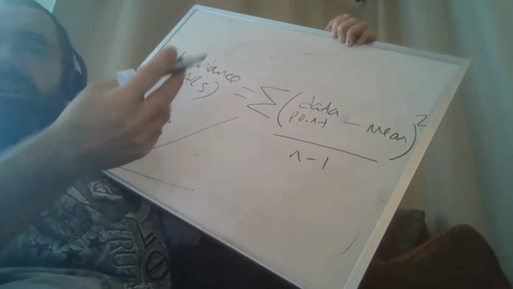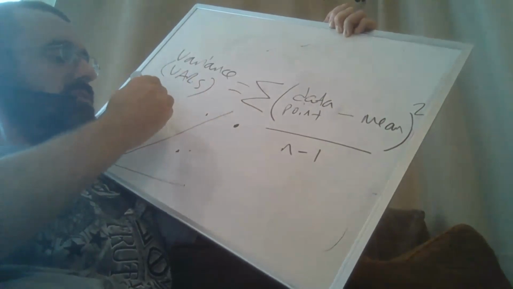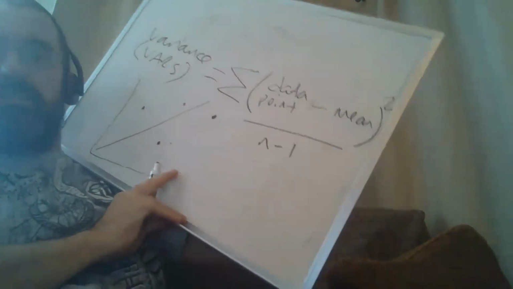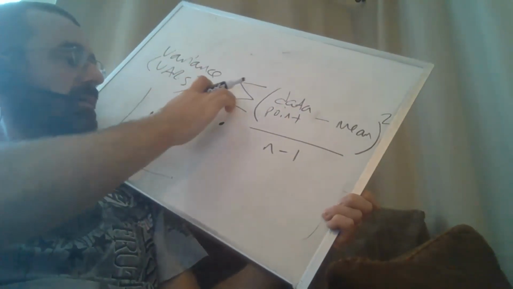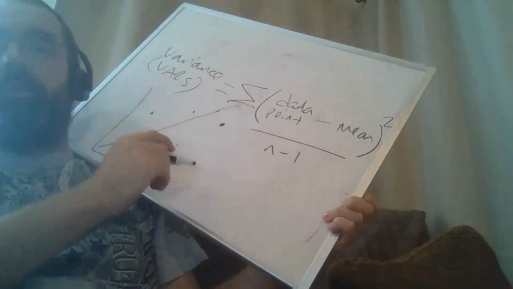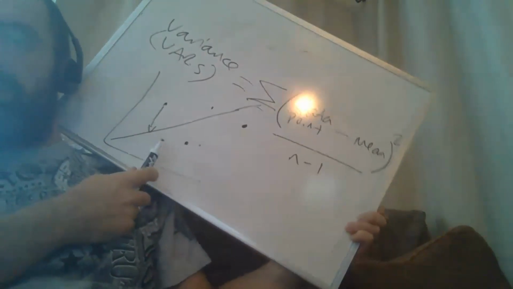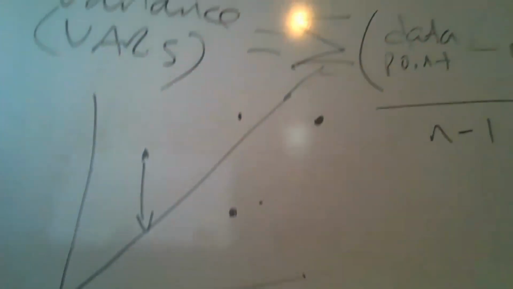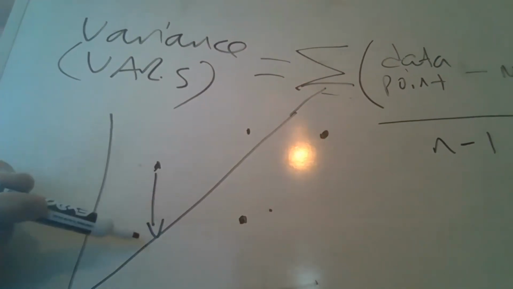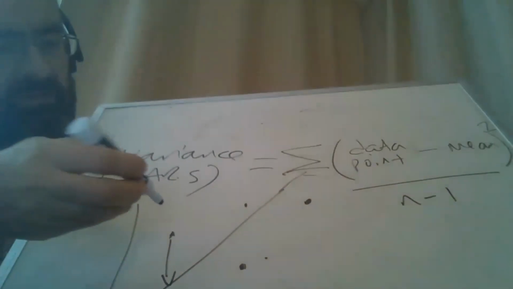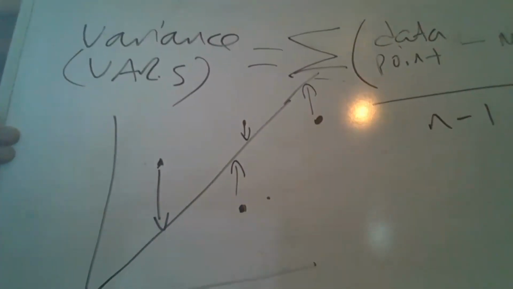Whenever you draw a line of best fit, you're basically trying to draw a line that has the least difference between the line and any individual point. I'm not sure this is actually going to help, but I've already started, so I'll continue. So for this particular point, this is the difference between the data point itself and the mean, or the line. And then you have the same for all of those.